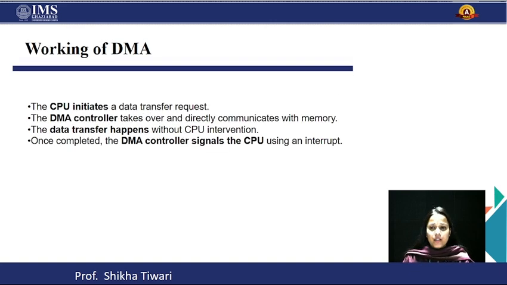Working of DMA. The idea was invented so that you can free up the CPU to perform other important tasks, and DMA can perform the task of data transferring between memory and input-output devices. So the CPU initiates this transfer. How? The CPU has three kinds of buses: data bus, address bus and control bus, with the help of which data gets transferred.